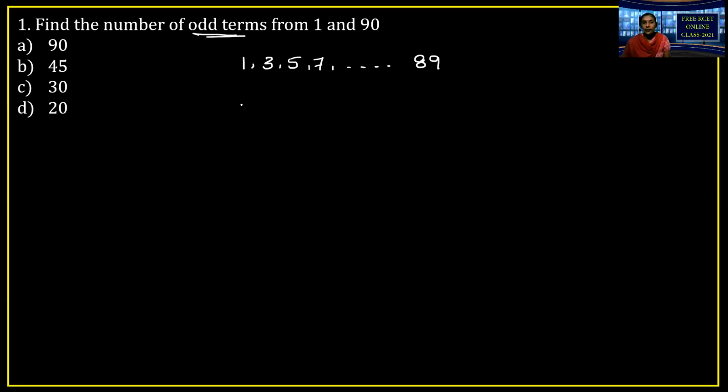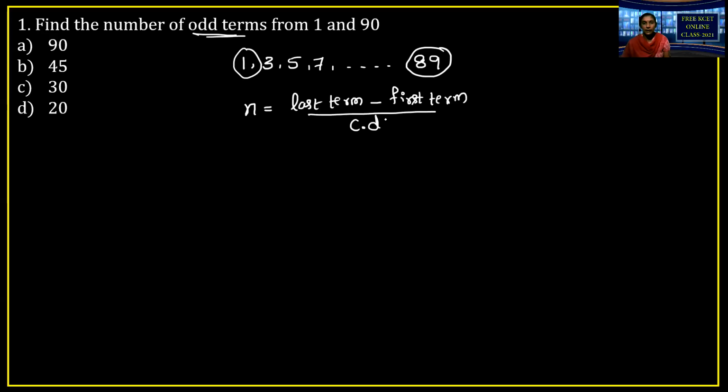To calculate the number of odd terms, I'm going to give a shortcut here: the last term minus the first term, divided by the common difference of an arithmetic progression, plus 1, is the number of terms in the sequence.